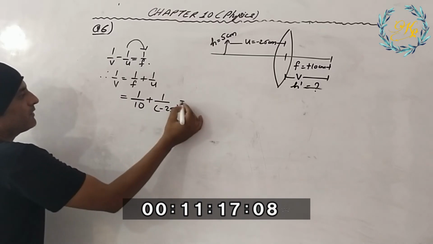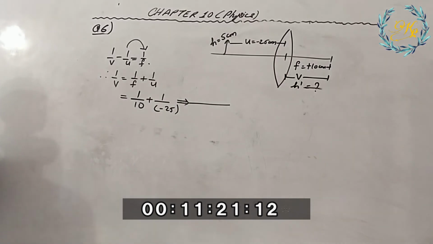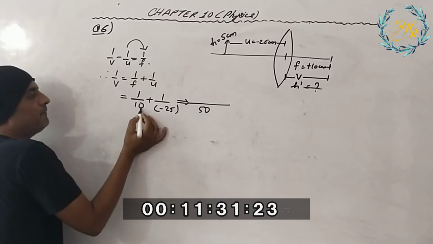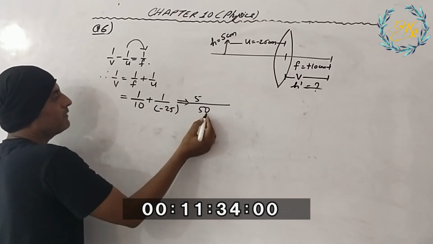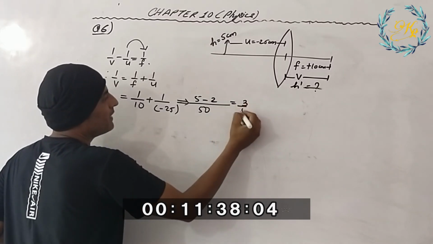Taking the LCM of 10 and 25, we get 50. Dividing LCM by 10, you get 5. Dividing LCM by 25, you get 2. So the answer is 3 by 50.